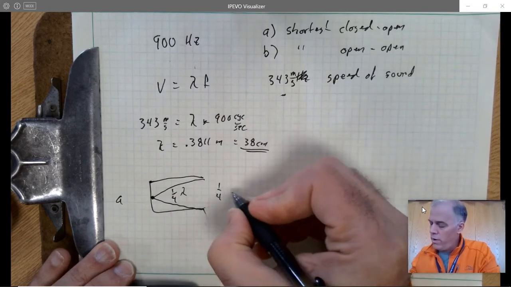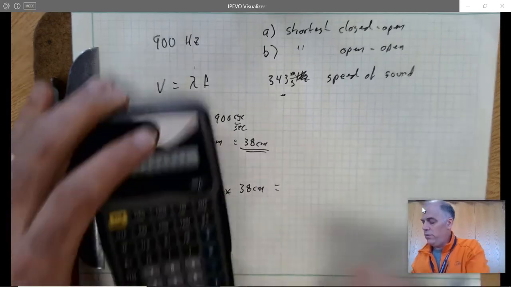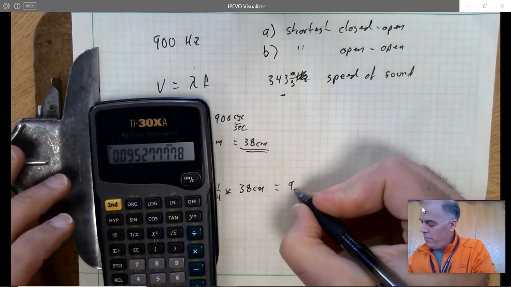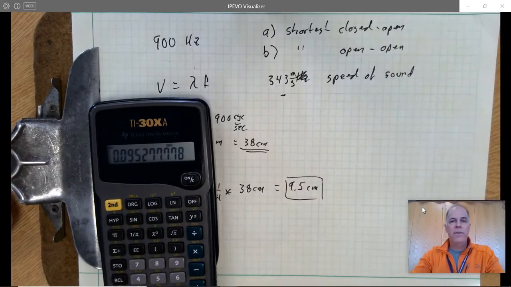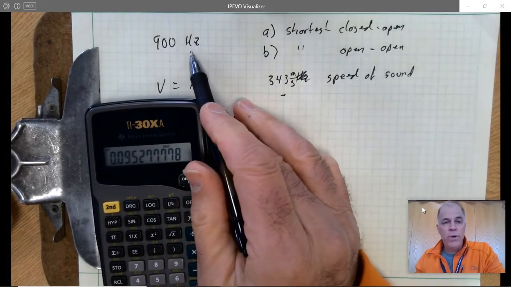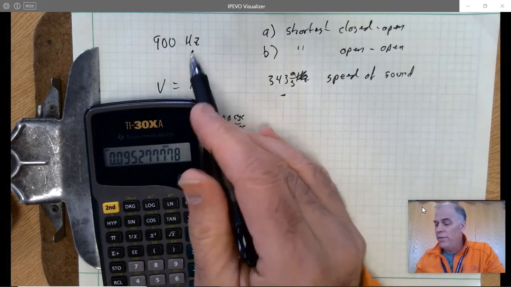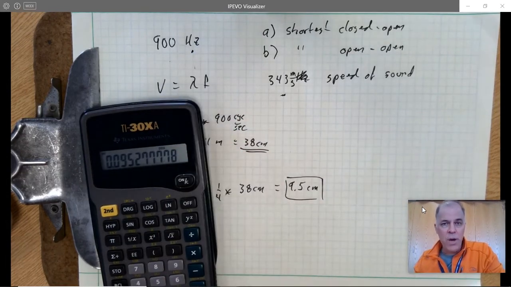So 1/4 times 38 centimeters is equal to 9.5 centimeters. That's the shortest musical instrument that we can make that will produce a 900 hertz tone. If we go shorter than that, the waveform can't fit in it. It will never resonate. It will never make that tone.